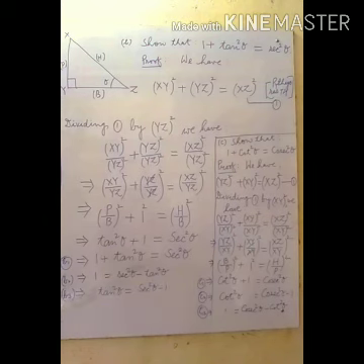Just the reverse operation is taken there. Now 1 is here, and sec square theta is just after the equal mark. So sec square theta is as it is with the same sign, but here plus tan square theta, when shifted to the right hand side, becomes minus tan square theta. So 1 equals sec square theta minus tan square theta.